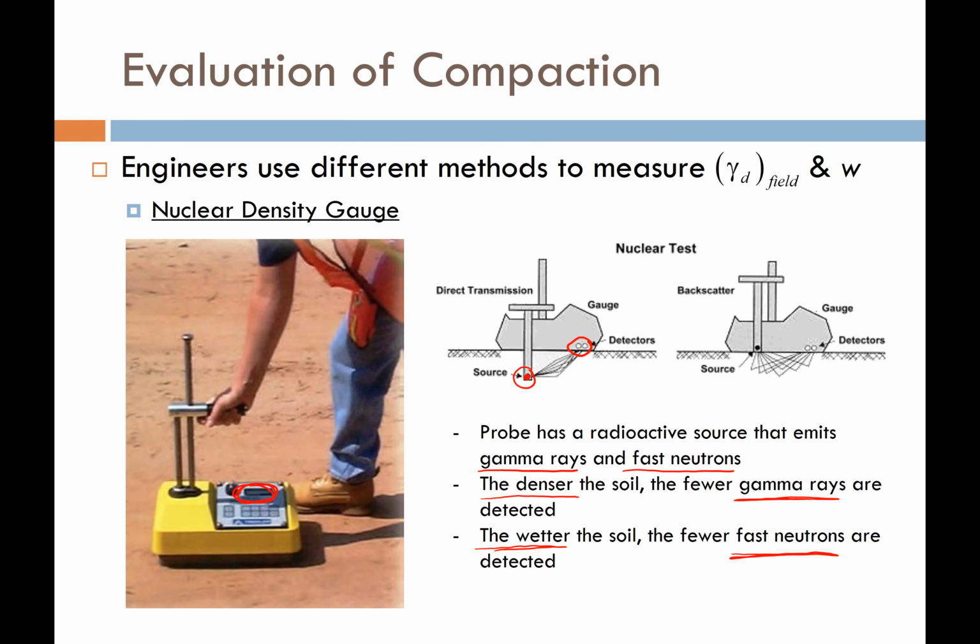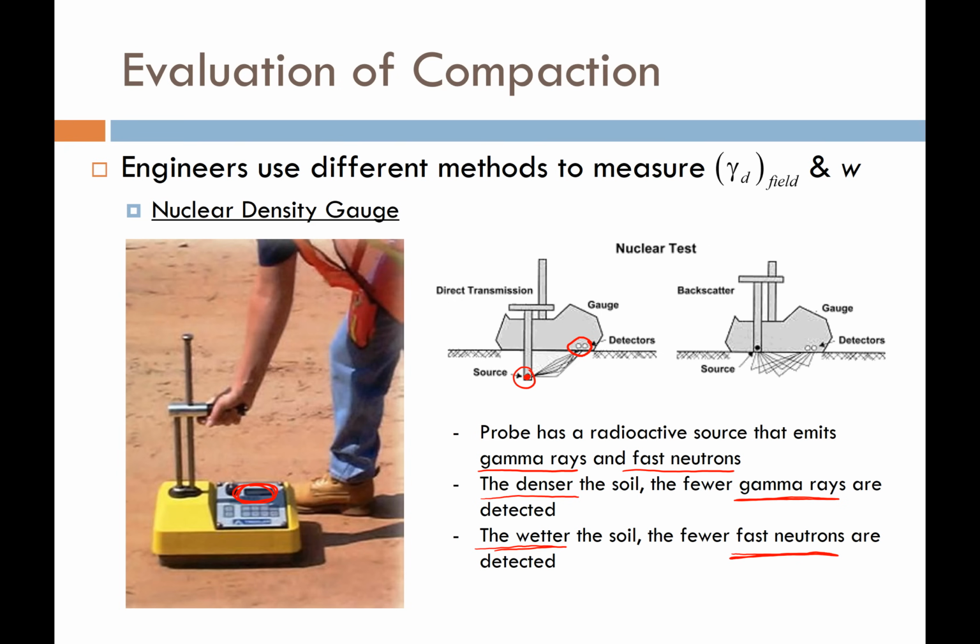And so, in order to use these devices, you have to be field certified. You always have to get updated certifications. You have to wear safety equipment badges that measure the amount of radiation that you're exposed to. And so, it's kind of a big deal. Not just anybody can use these devices in the field.